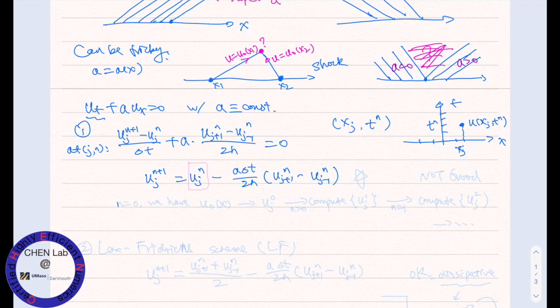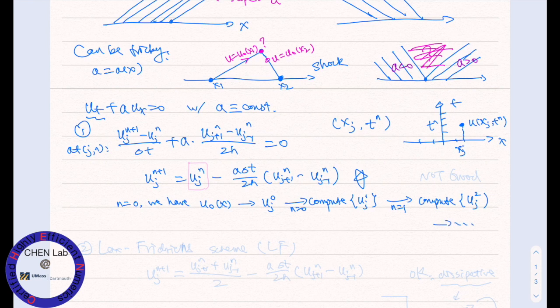In principle, for n equal to 0, u_0 of x gives us u_j^0, and then you can compute u_j^1 for any j. Now you let n be 1, you can compute u_j^2, and so on and so forth.